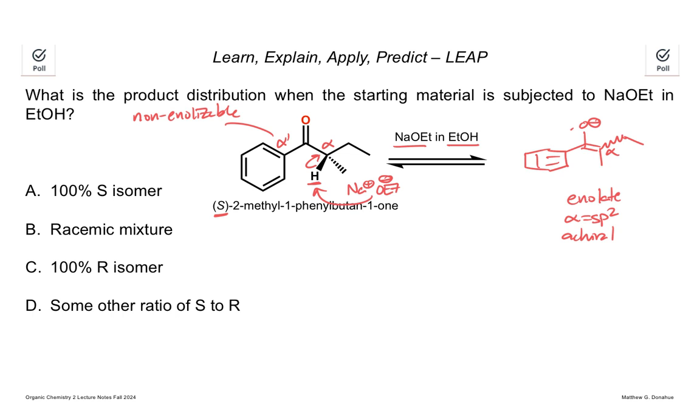So when this then collapses to react with ethanol, it's going to reprotonate, but it can do it from either face of that enolate. So you're going to end up with a racemic mixture of R and S. So you're reforming your S, but you're also getting an equal mixture of the R.